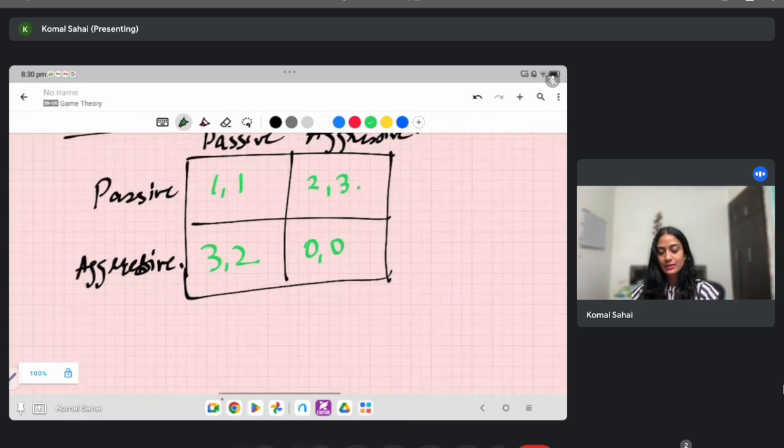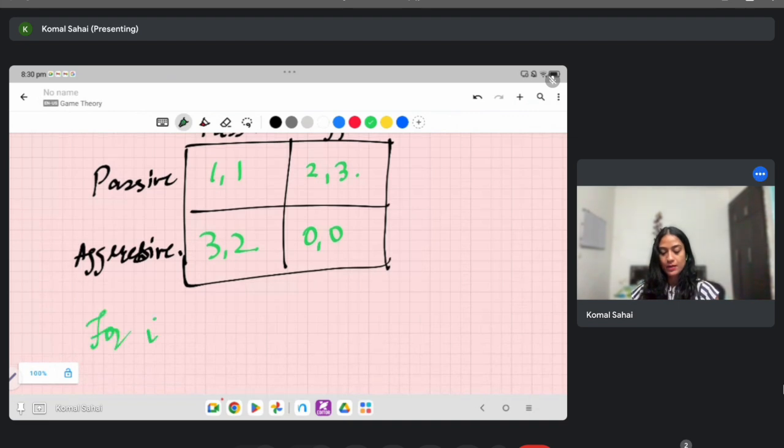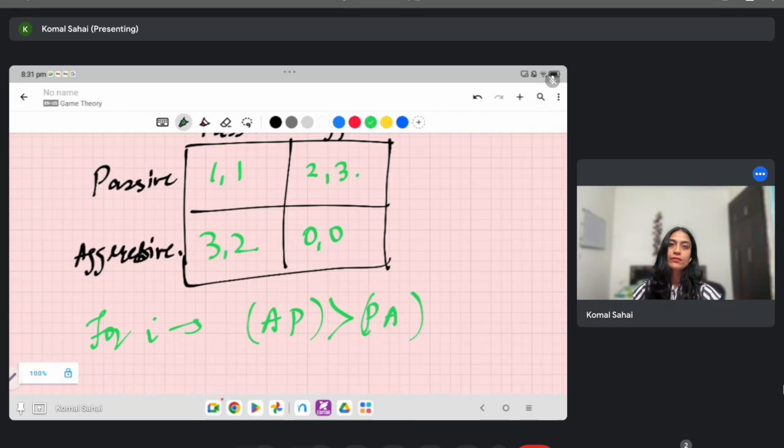What this essentially means is that for player 1, the best outcome is when you are aggressive and the other person is passive. Because when you're aggressive, whatever resource you're fighting over, you get the resource. The next outcome is that when the other player is already aggressive, then you are passive. क्योंकि अगर वो सामने वाला अग्रेसिव है ऑलरेडी तो लड़ाई से फायदा नहीं है, ठीक है। समझ लो कि दोनों के अब मतलब both are equally powerful, the strength is equal.